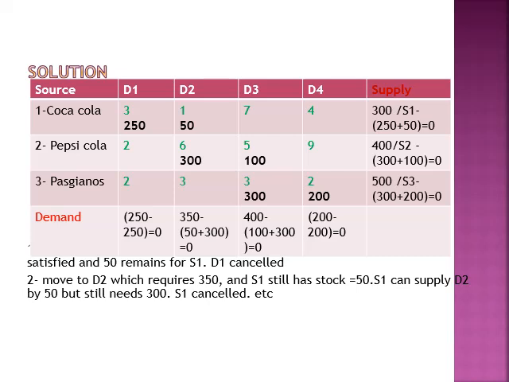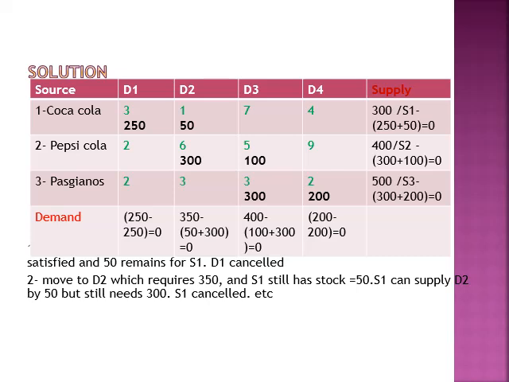So market center number 1 requires 250. Coca-Cola has 300, more than 250. So we can satisfy the demand of D1 totally.